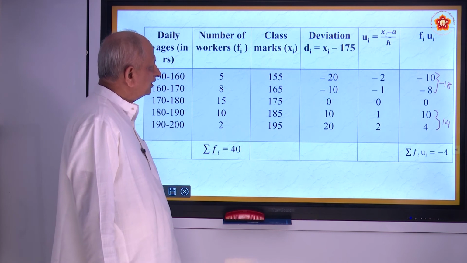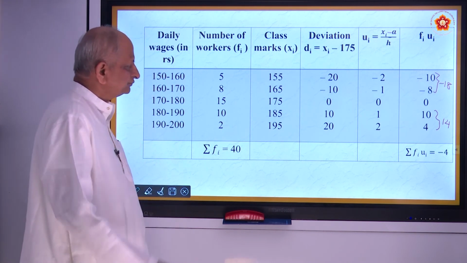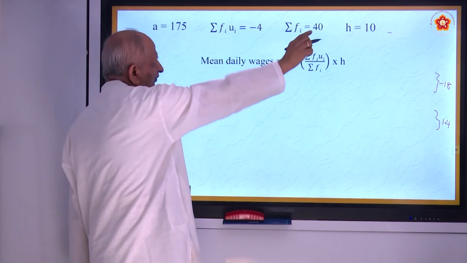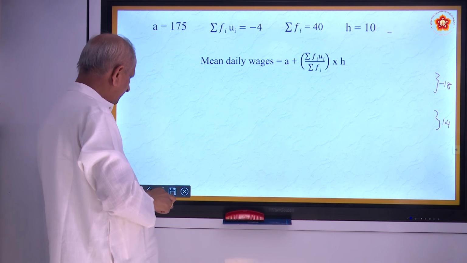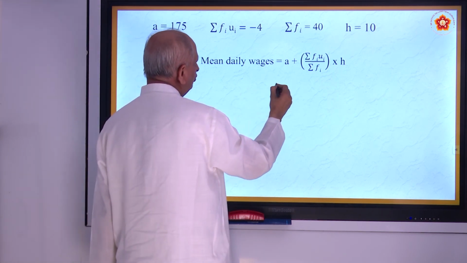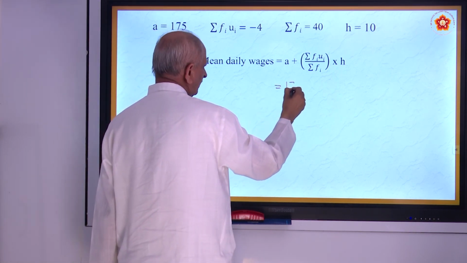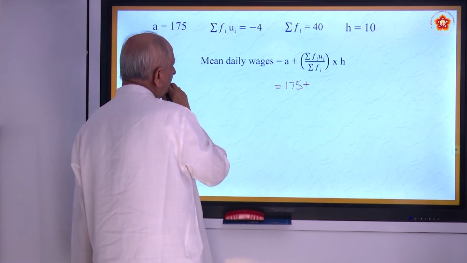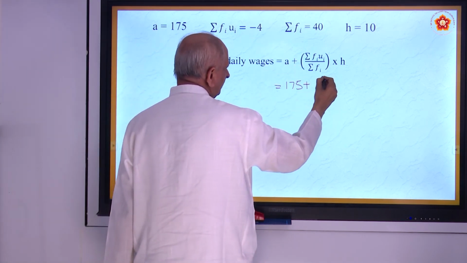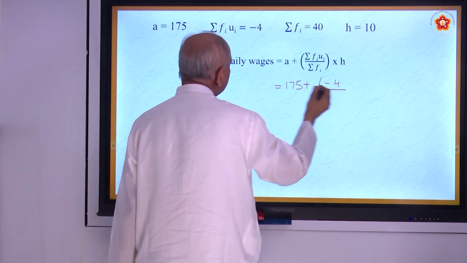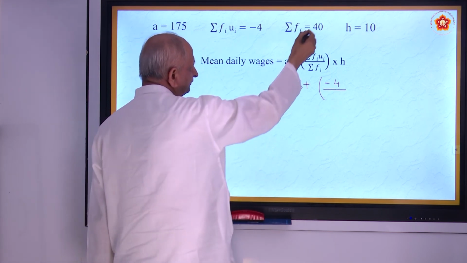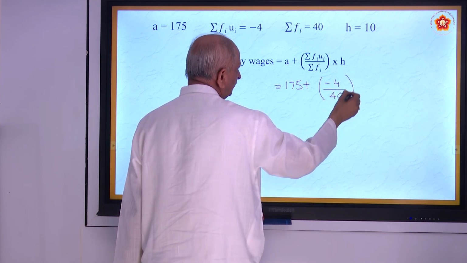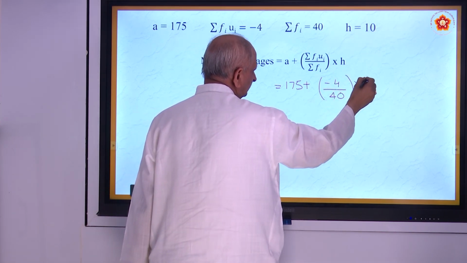And then you have to apply the formula. Taken down? Okay. So use these values. Assumed mean 175 plus sigma fi ui, that is minus 4, divided by sigma fi, nothing but n, that is 40, into size of the class interval, that is 10.